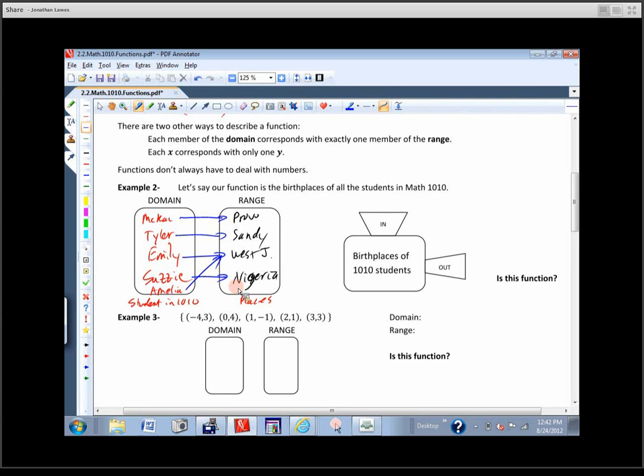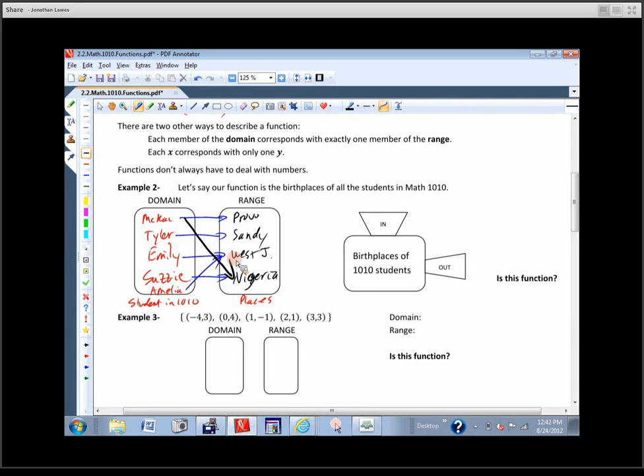Now, here's where we could make it break down. Let's say McKay, we draw a line like this. Okay, now in your gut, there's something wrong with that, isn't there? Okay, McKay was born in Provo and he was born in Nigeria. Now you're not broken in pieces, are you?